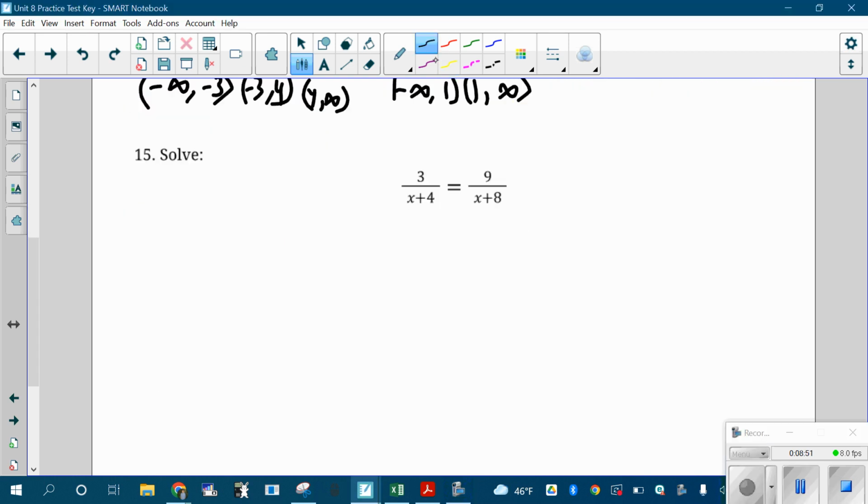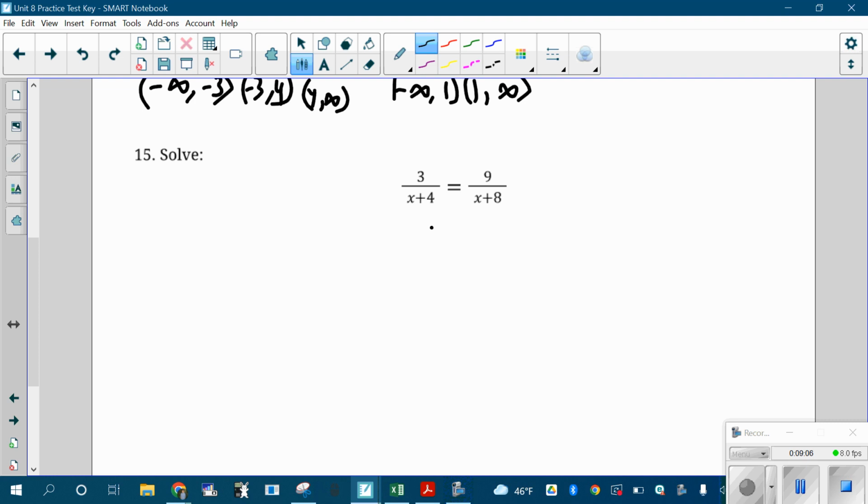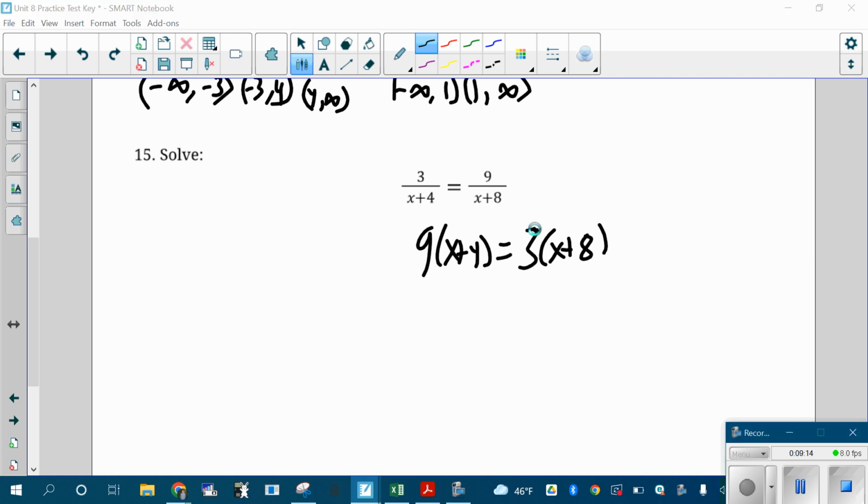Okay, 15, 16, and 17 are the equations. And the strategies we use are a little different here. For 15, it's just a fraction equal to a fraction. How do you solve a fraction equal to a fraction? You cross multiply. When you cross multiply here, you get 9 times x plus 4 equals 3 times x plus 8.